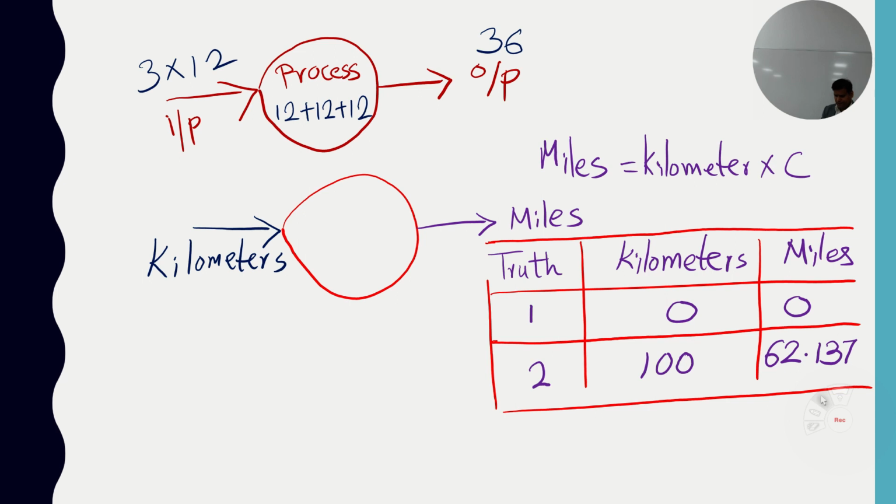As we know, we don't know the C yet. So let's start with some random values.